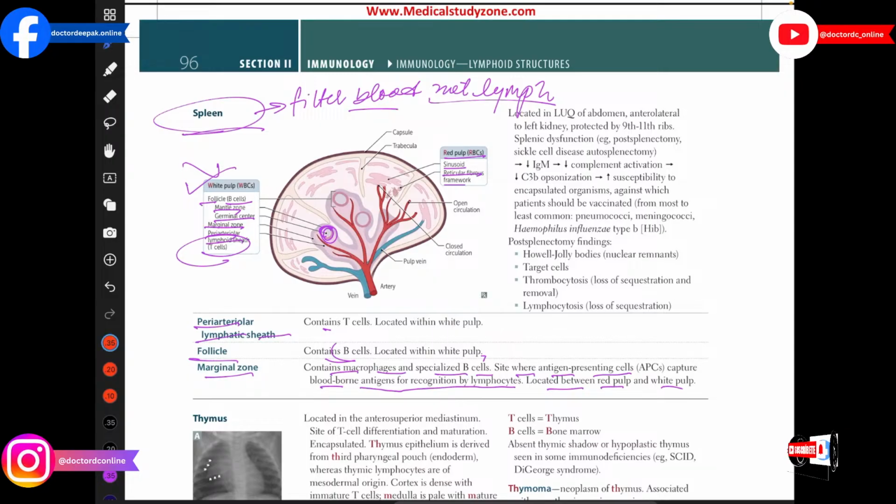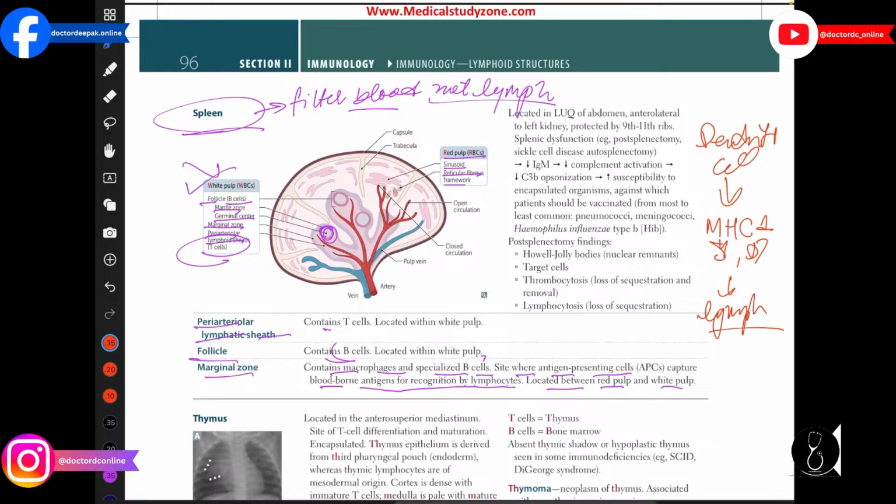And how does it activate the adaptive immune response? These are dendritic cells that express major histocompatibility complex 1, 2 and B7, and they enter the lymph with antigens and then enter the lymph node.